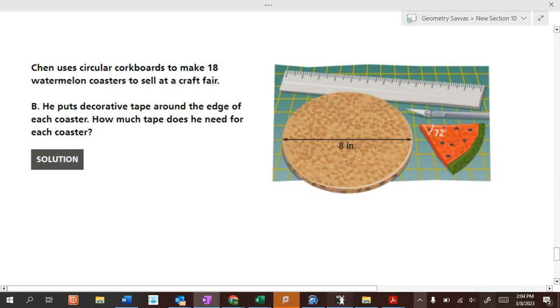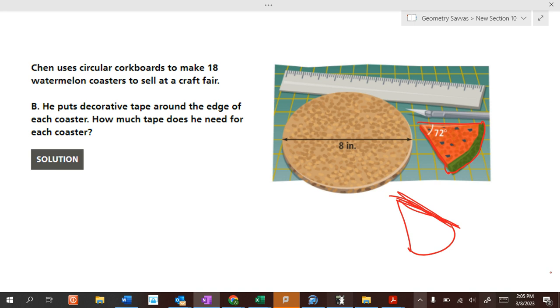Then what he's going to do is he's going to take these watermelons and put some kind of cute tape on each side. Okay? How much tape does he need for each of them? Well, how long is this side of the coaster going to be?